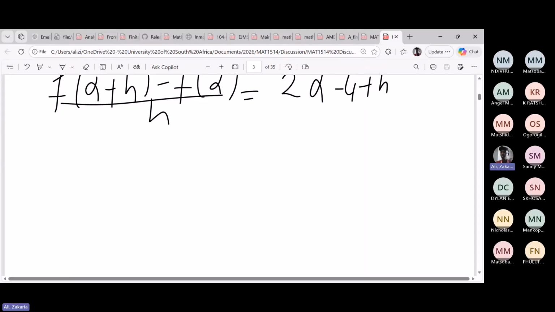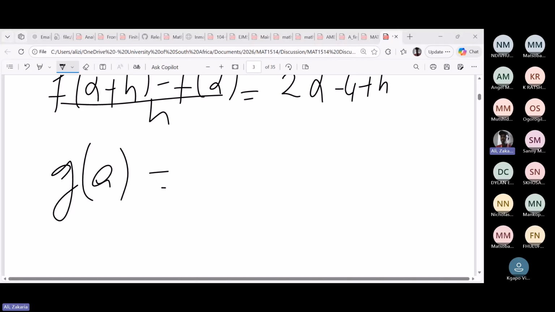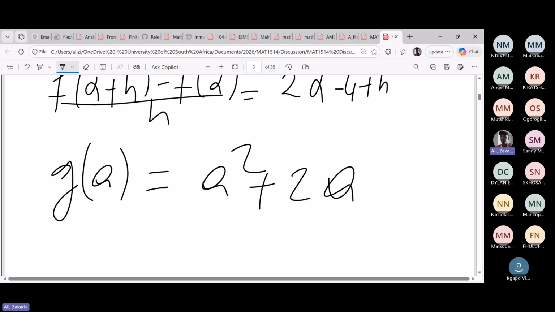The same for h. So in the same vein, if someone writes a function, let's say g of a given by a squared plus 2a. So that's the function where a is in the domain. I can literally ask you to evaluate g of 2, g of 3, g of 4, g of 5.